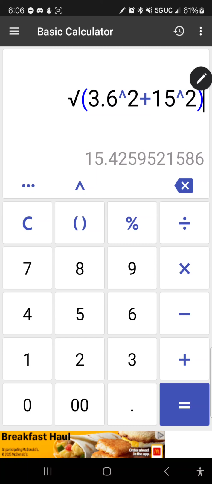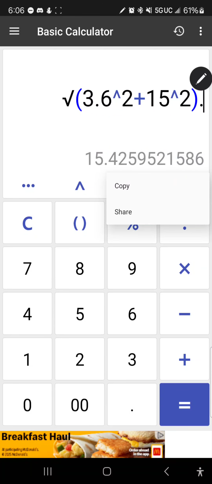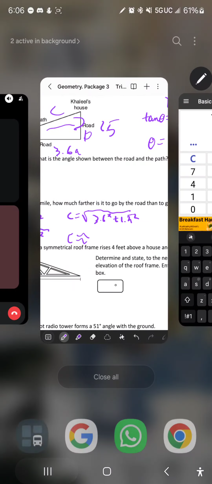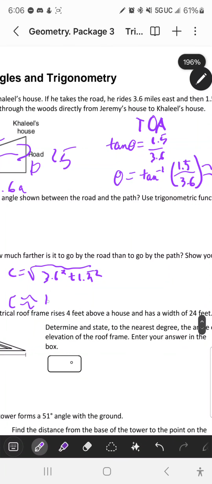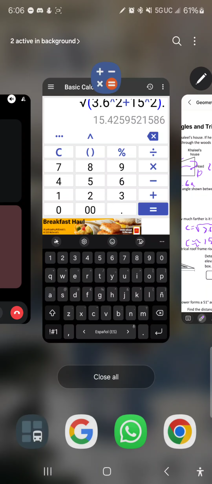and I get approximately, I'm going to keep some more decimals than we need for now, just to round better later, 15.426. I round it up, and I get approximately 42.6.